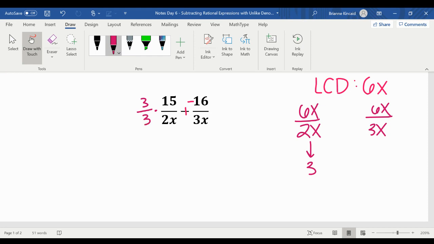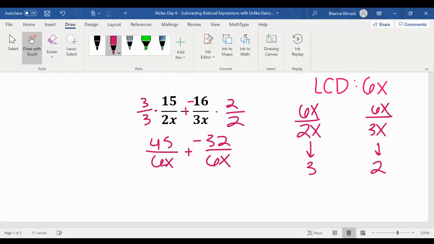And in the second fraction, 6x over 3x is going to give us 2. So when I do this, 15 times 3 is going to give me 45 over 6x. And then negative 16 times 2, that's plus negative 32 over 6x.